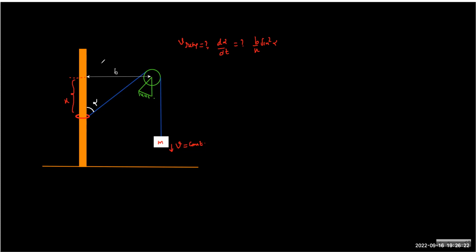So again, it is the reference choice you have to make, that is the intelligent choice. If you can make the reference choice really well, you can write the constraint really well. And if you can write the constraint really well, you can solve it really well. But we know that the length of the blue line, the string, is a constant quantity.